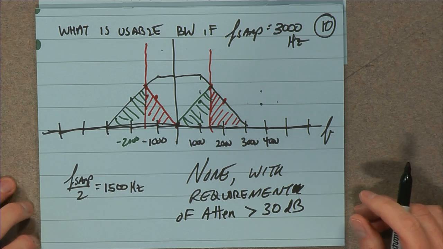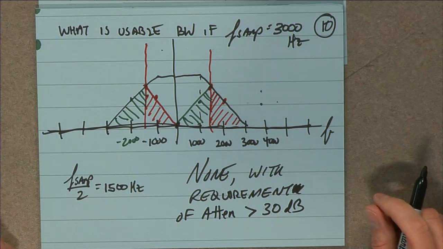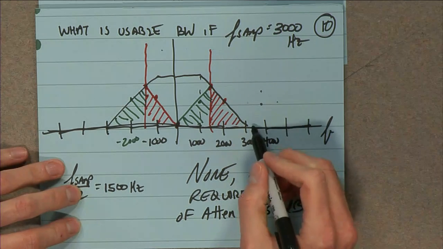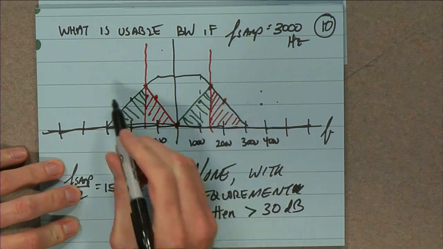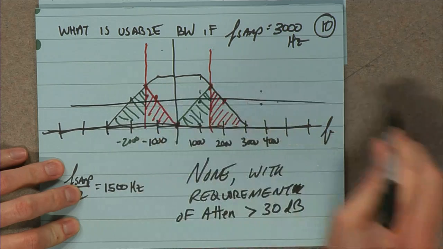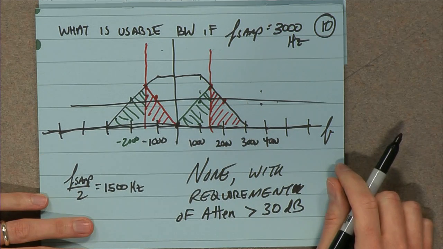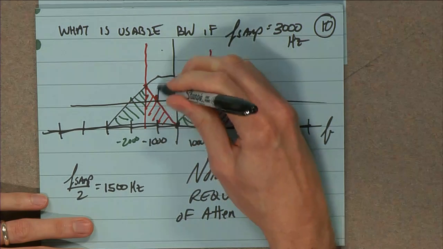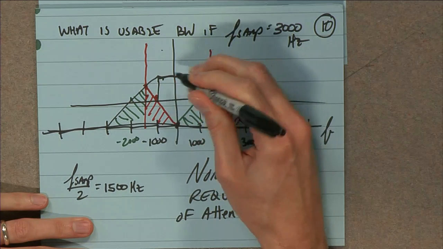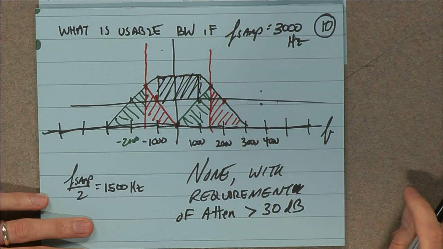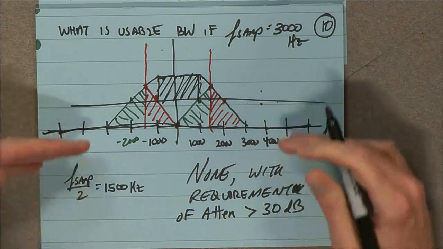Instead of 30 dB, what if you said, well, really you only need 20 dB or something like that? Well, that meant this whole thing would be shifted down, right? And so maybe that's the 20 dB line. I don't know, it might be. In which case, then all this would be usable. But hopefully that kind of shows you the trade.